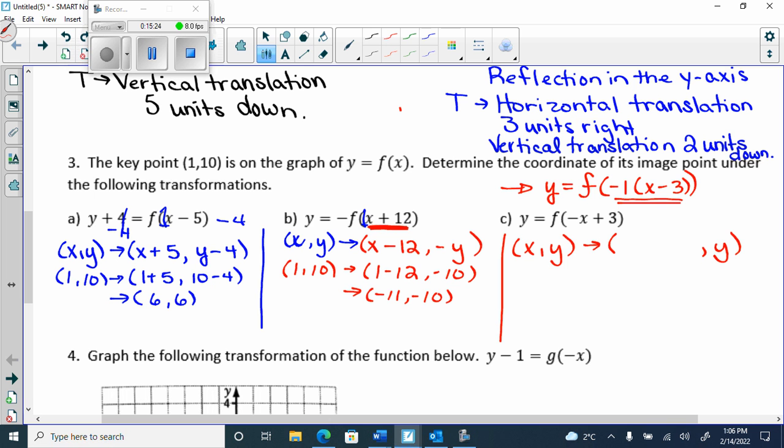Is there anything here? No. Anything here? No. My y is staying the same. Then my x's are being multiplied by negative 1. And then I'm moving 3 to the right, so I add 3. So I have 1, 10 is going to become negative 1 plus 3, comma 10. So it's 2 and 10.